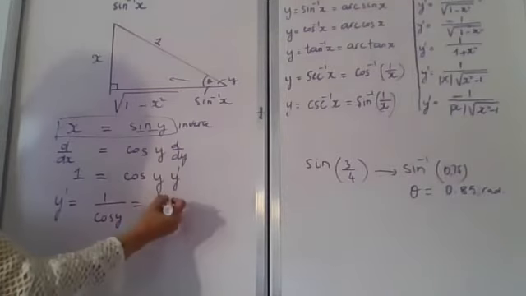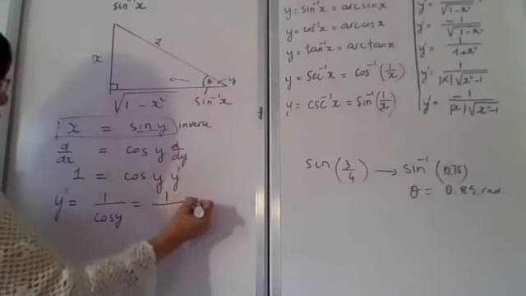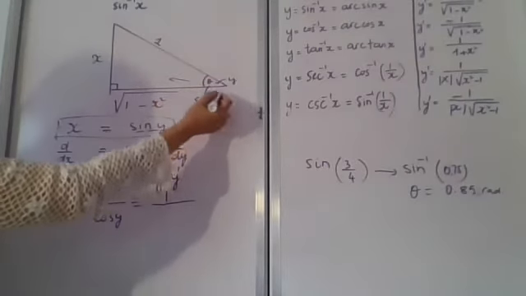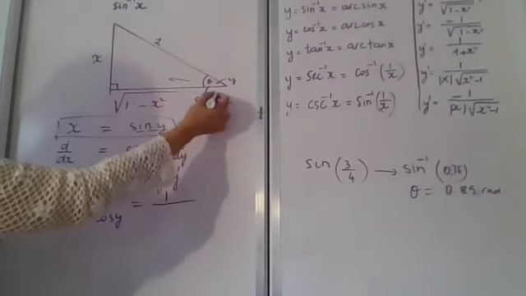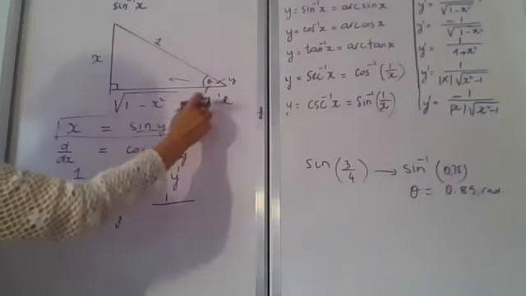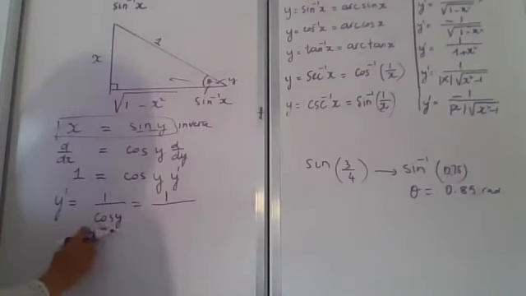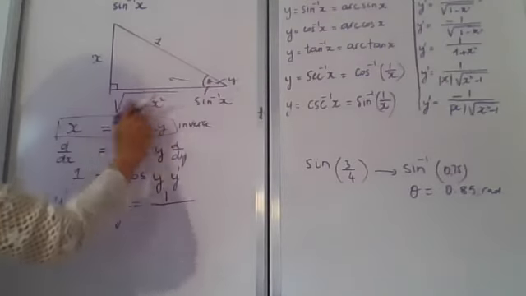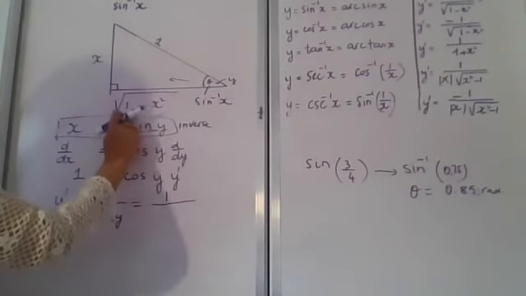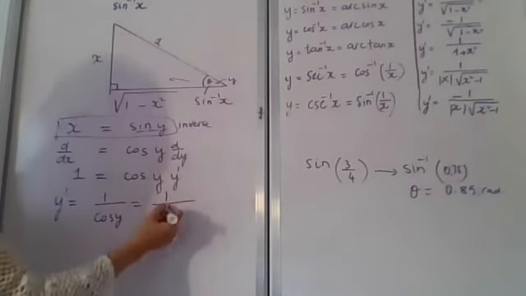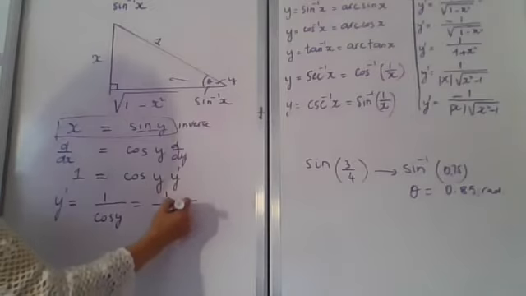But what is 1 divided by cos of y? Let's look at the triangle. Cos of y, this is the y or sine minus 1 on top and x, right? Or inverse of x. So cos of y, of this angle y, is this one over the hypotenuse. And over 1, you don't have to write. So it's like this.